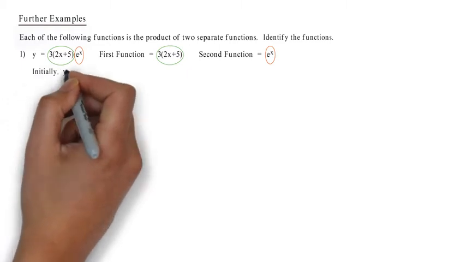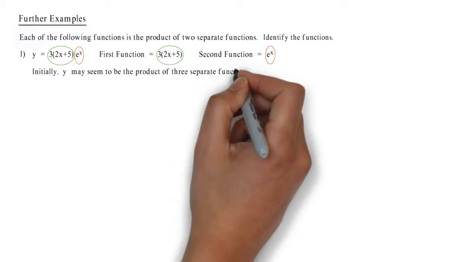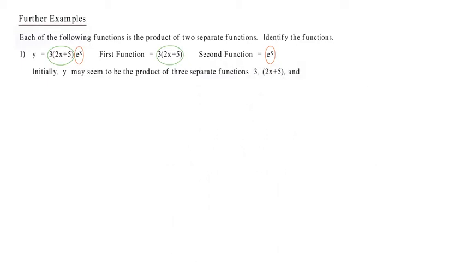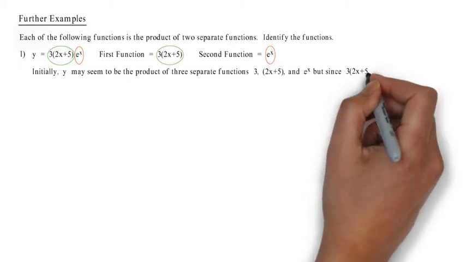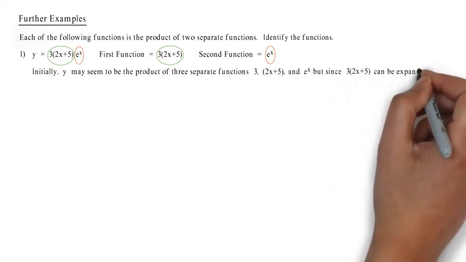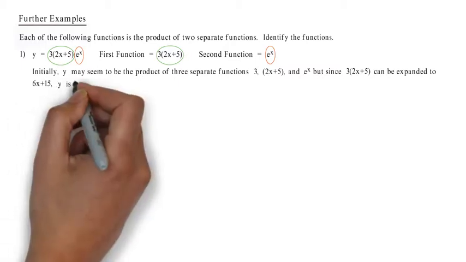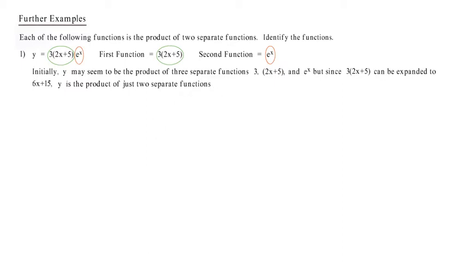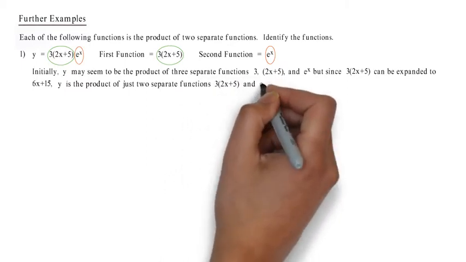Initially, y may seem to be the product of 3 separate functions, 3, 2x plus 5, and e to the x. But since 3 into 2x plus 5 can be expanded to 6x plus 15, y is the product of just 2 separate functions, 3 into 2x plus 5 and e to the x.